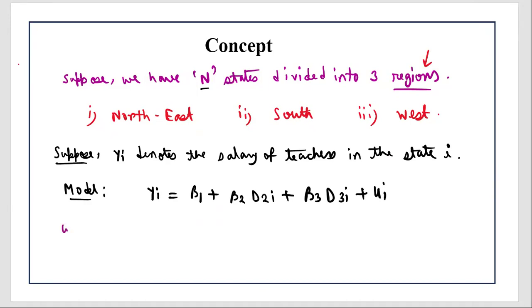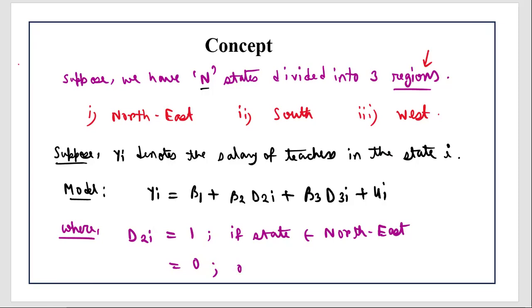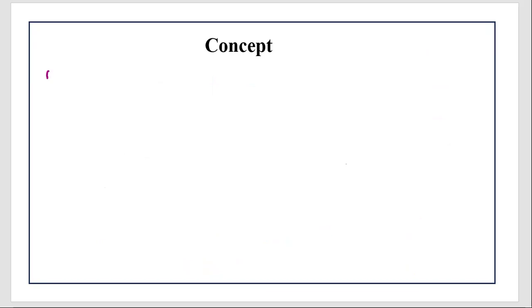Now let us define the dummy variables, where this dummy variable d2i will take the value 1 if the state belongs to the northeast region, and it will take the value 0 otherwise. So if the state belongs to south region or west region, then this dummy variable d2i will take the value 0.